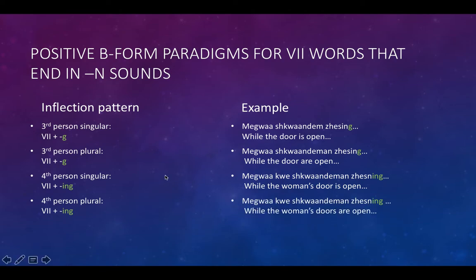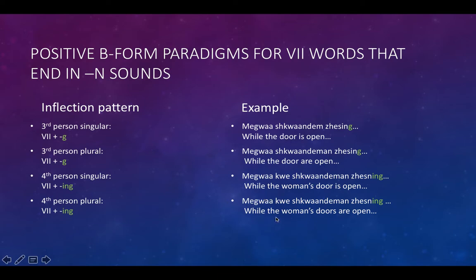And then if you were to guess if the fourth person plural is going to be the same, you are correct. You can only tell the difference based on context from previous information. Fourth person plural, again, is just our VI word plus the suffix ing. Our example, Megwa kwe shkwandaman jesning, is the same pronunciation as our last phrase.